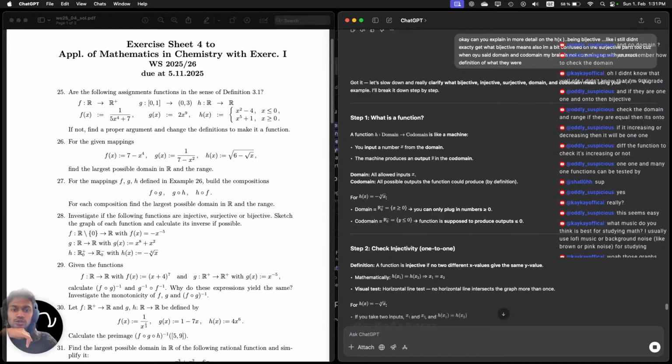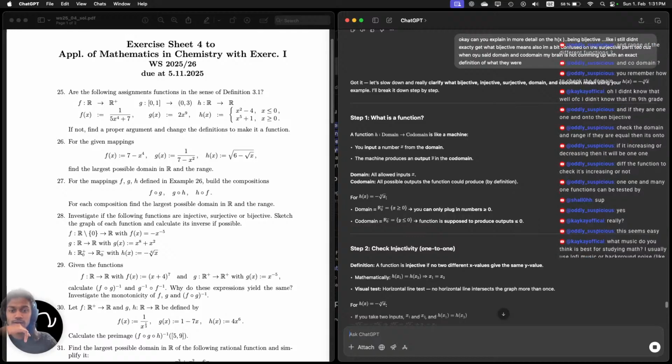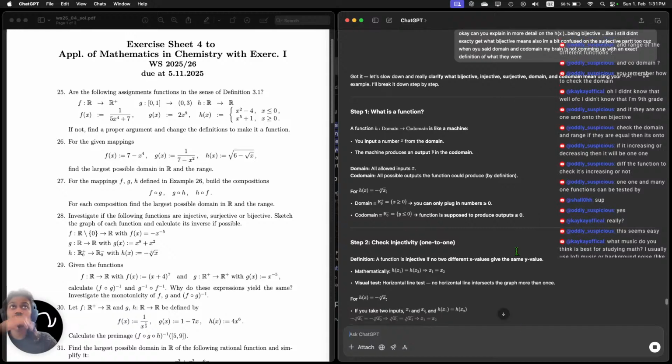You remember how to check the domain and codomain? No. The range of different functions. I don't remember exactly because it's been a while since I took math. Domain, codomain is like a machine.